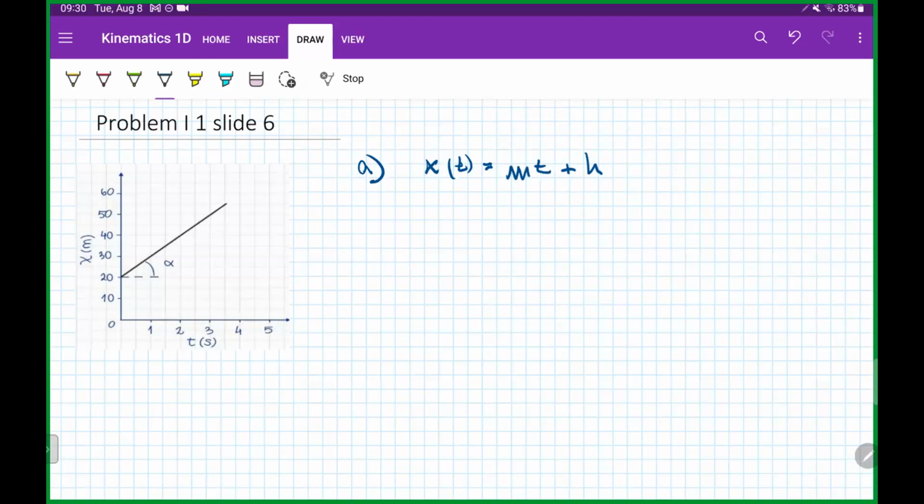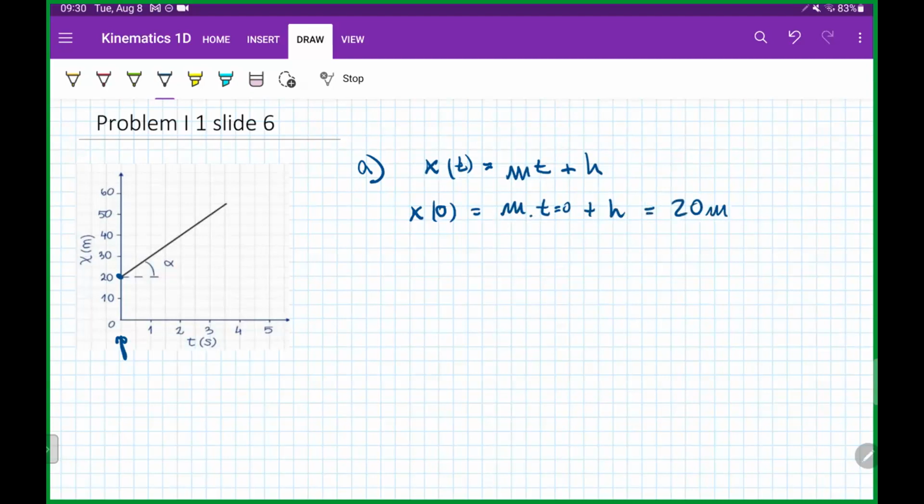So to find the value of h, we can do x at 0 time, meaning that we're looking at this point right here. We don't need to do much calculation here because we know that is m times 0 plus h, and that's going to be 20 meters.